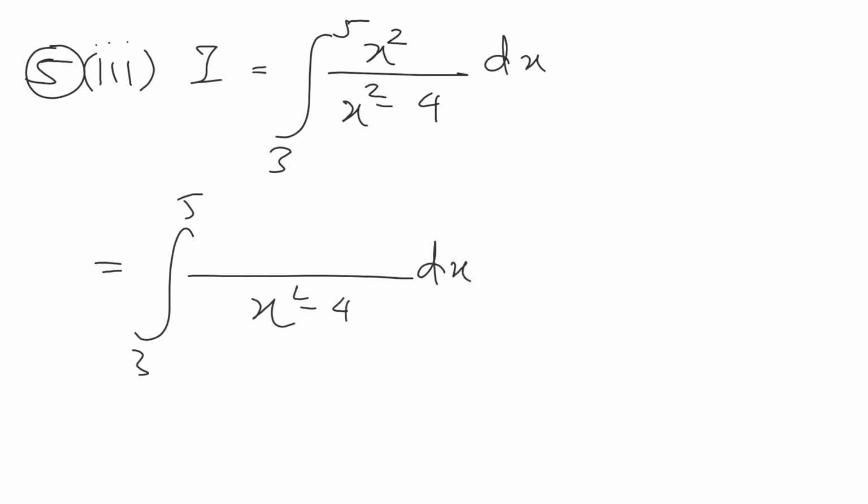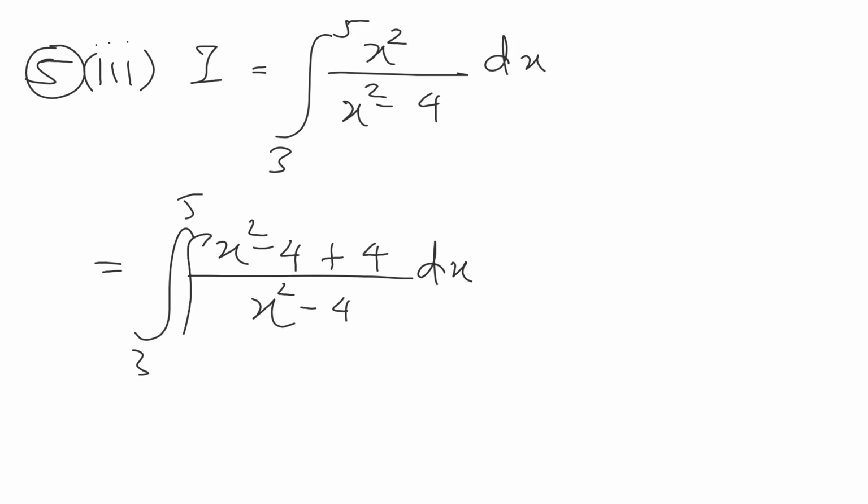So tell me what should I write in the first term? I'll write x square minus 4. Now to nullify this minus 4, what should I write ahead? Plus 4. Correct.